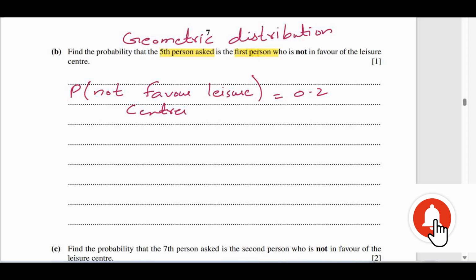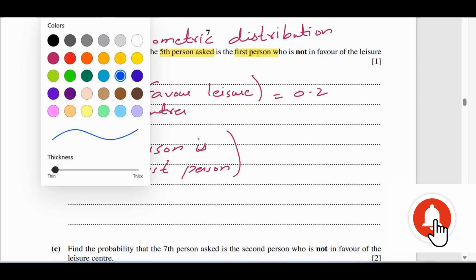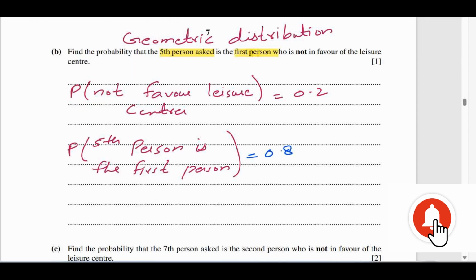It means that the probability of being in favor is 0.8. So the fifth person asked is the first person not in favor. This means the first person was in favor, so the probability is 0.8. The second person was 0.8, the third person is 0.8, the fourth is 0.8, and the fifth person is not in favor, so it will be equal to 0.2.